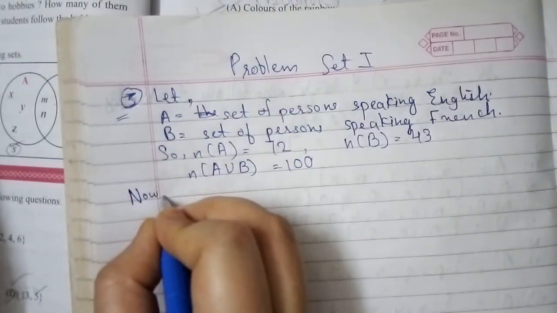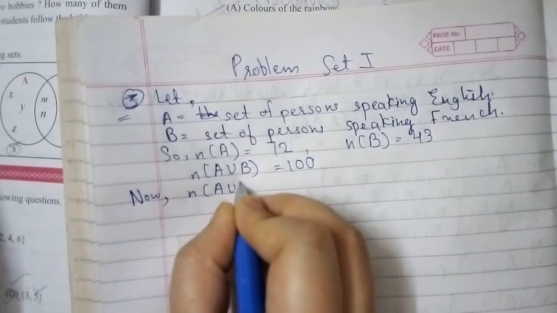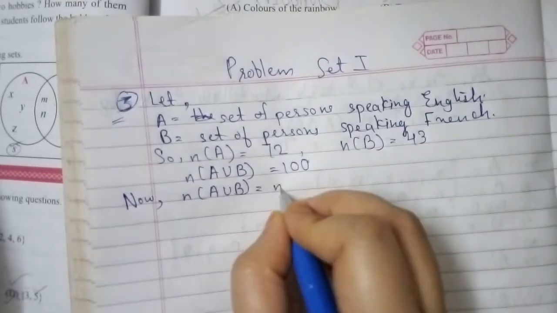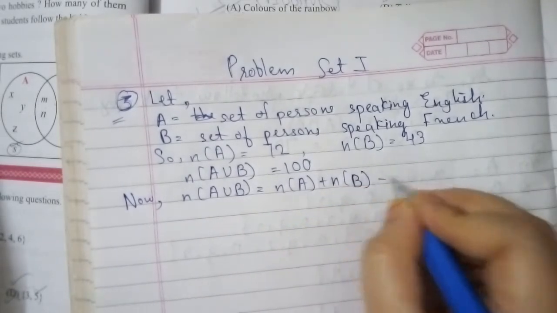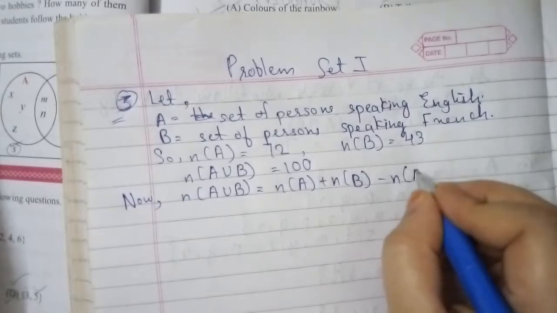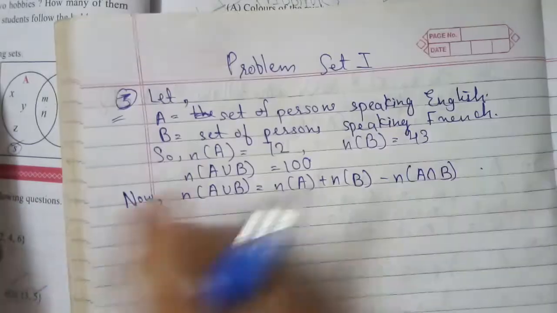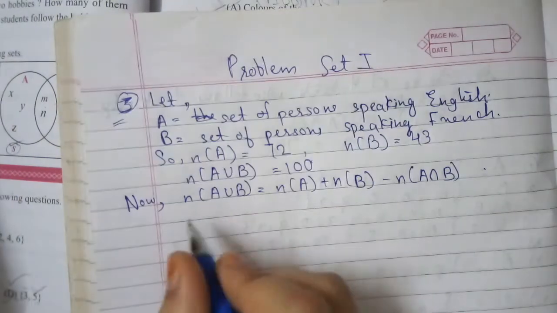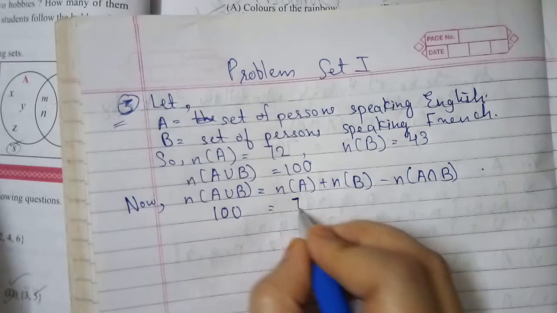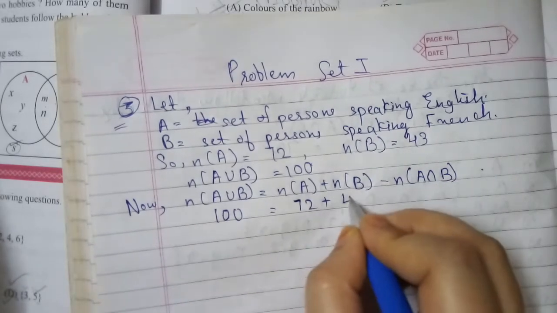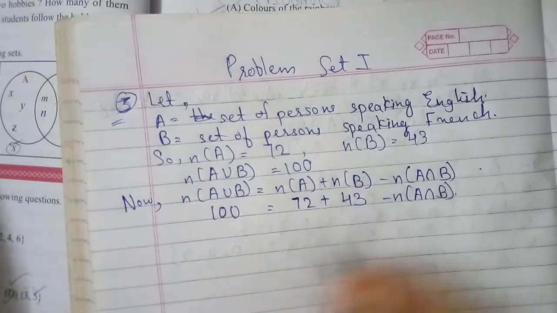So student, if you remember, we have one formula to put all these values. So let's write here now. Number of elements of A union B is equal to number of elements in set A plus number of elements in set B minus number of elements in the intersection set, that is A intersection B. Now let's put all the values which are given to us. It is 100 equals 72 plus 43, and this will be as it is because we have to find this.